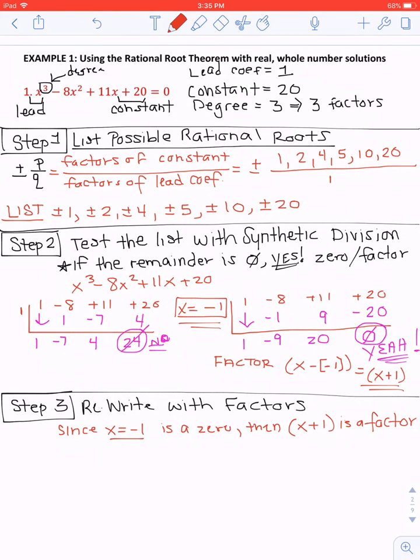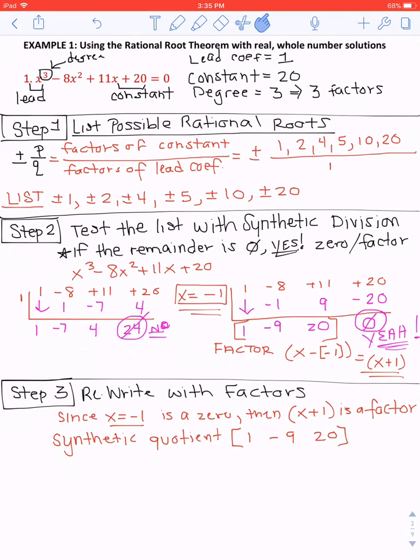All right, and then we also need to take this answer to synthetic division. We got to deal with that. So then we're also going to do our synthetic quotient, which is this 1, -9, and 20. Do you remember what we do with those?